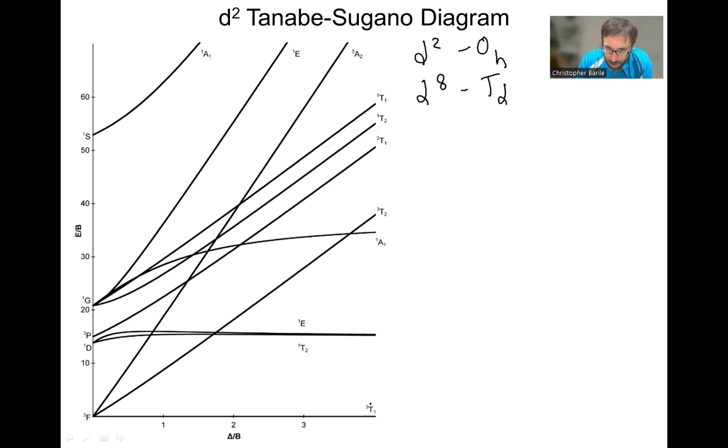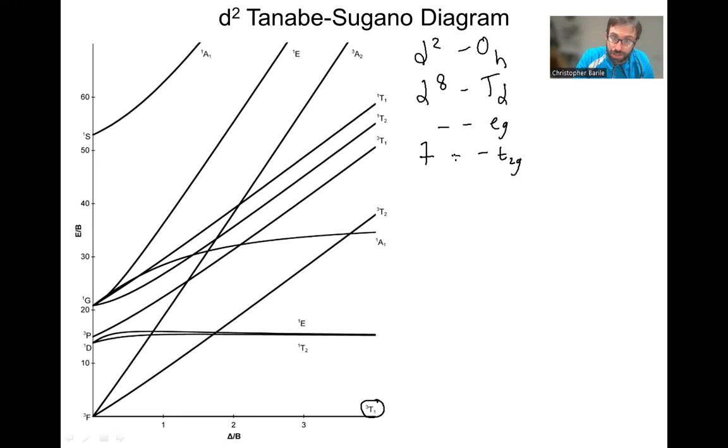But basically our ground state for any molecule that has octahedral symmetry for d2 or tetrahedral symmetry for d8 is going to be a triplet. It's telling us that here because of the 3 there. Let's just confirm that. Is that true? Well, for octahedral, we know that we split between the t2g and the eg in the molecular orbital diagram.